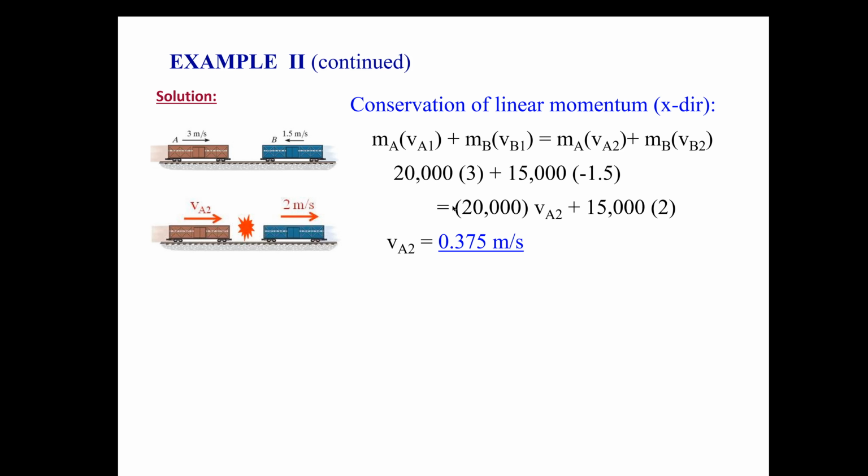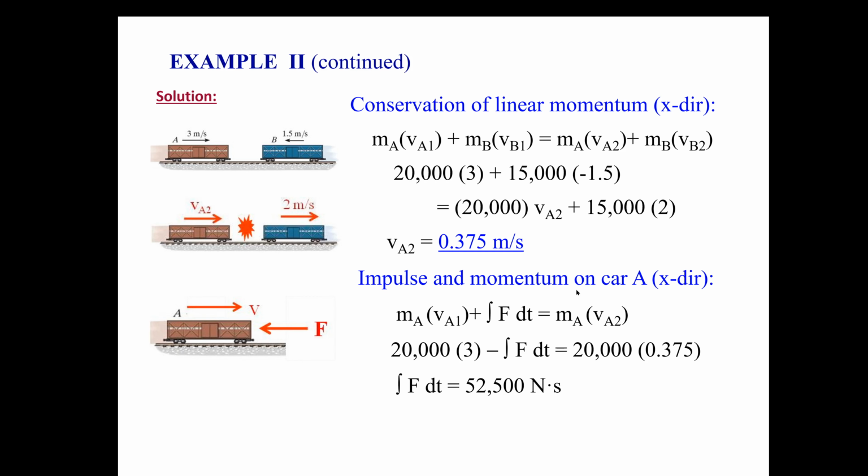Finally, here's the mass of car A times its velocity, and the mass of car B times its velocity, and now it's positive, of course, because it's going off to the right. If you solve for that, you come up with 3.75 meters per second.